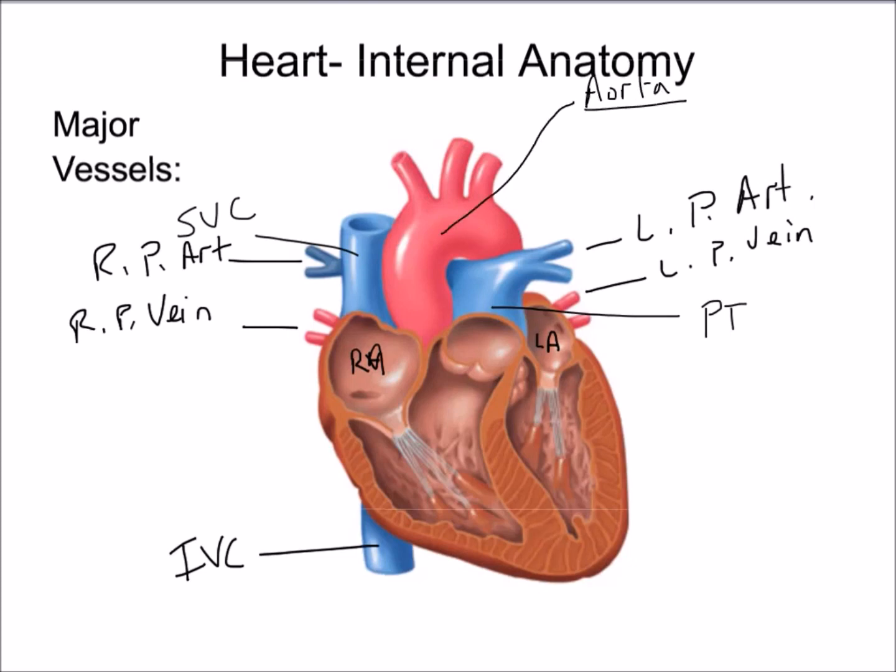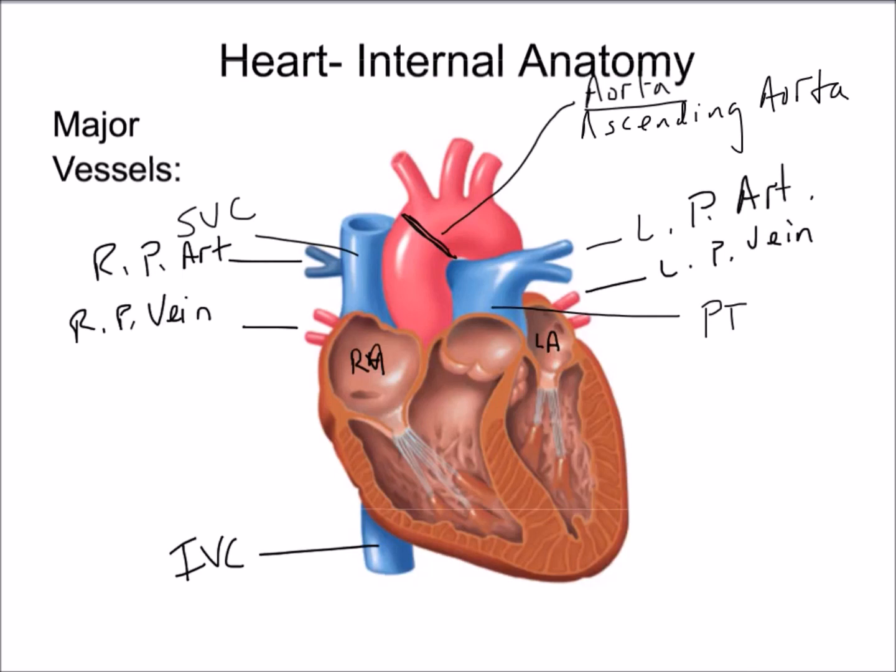And there are three parts to the aorta. The first part is between the heart and the branches. So these are the branches. The first part is this part right here. This is called the ascending aorta.